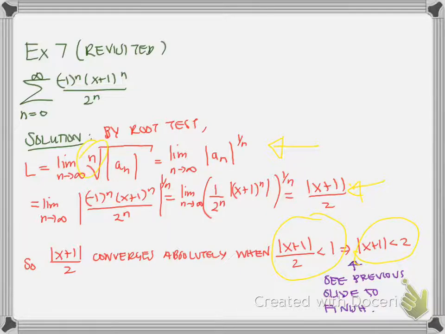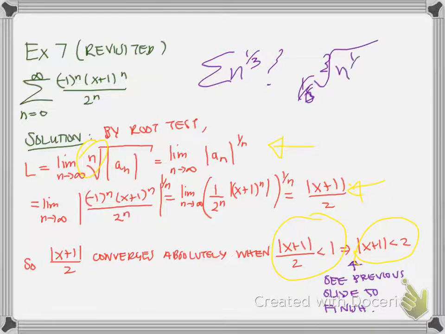Be very careful, because I remember last time I taught this, students were getting confused. You don't have to write this down, but if they had something like n to the 1/3 in their series, they thought they could use the root test and just put the third root of n to the 1/3.